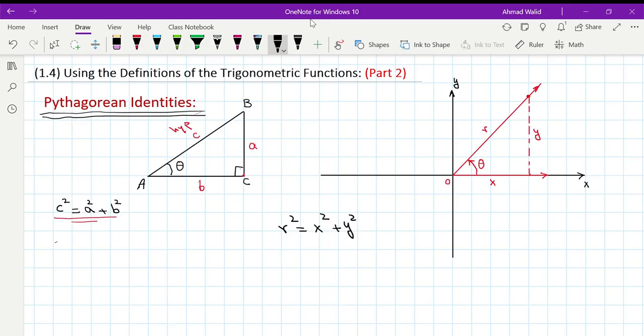Okay, now if I choose the value of r as 1, please at this time don't ask me why 1. I will explain it in chapter 3 why we choose r as 1. But here just accept it. If I choose r as 1, this equation, if I name it equation number 1, becomes x squared plus y squared equals 1 squared.